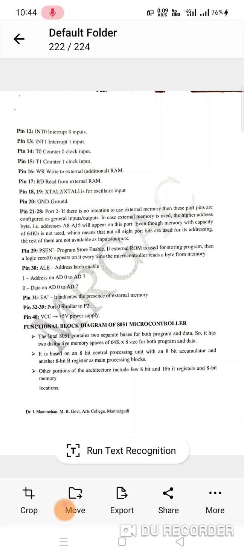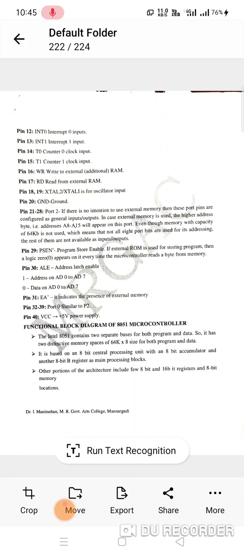In that, program memory and data memory are separated. So it has two distinctive memory spaces of 64 kilobyte, that is 64K into 8 size, for both program and data.